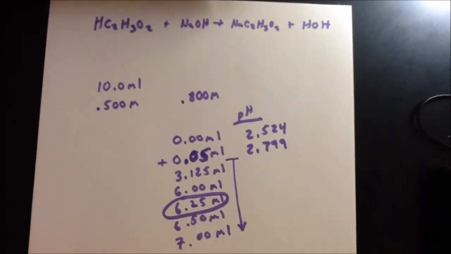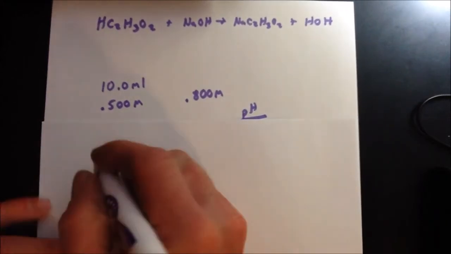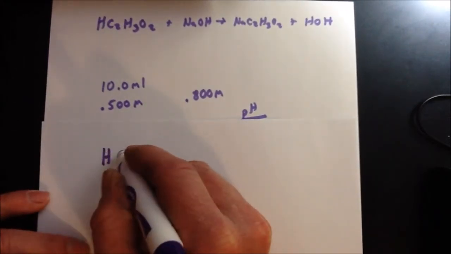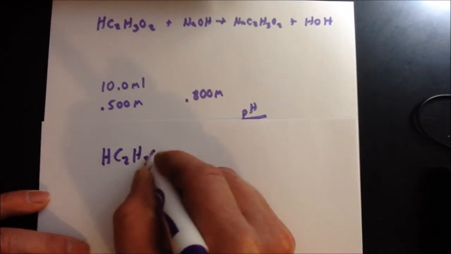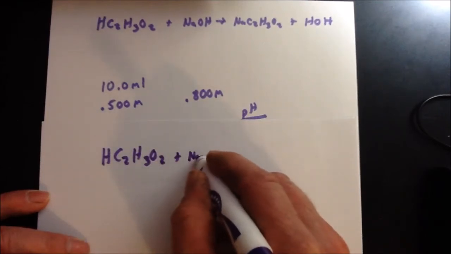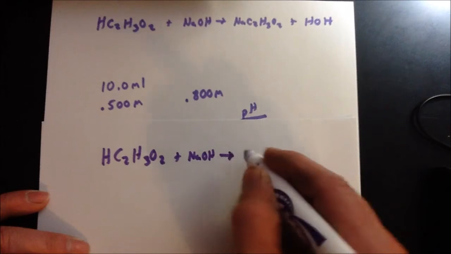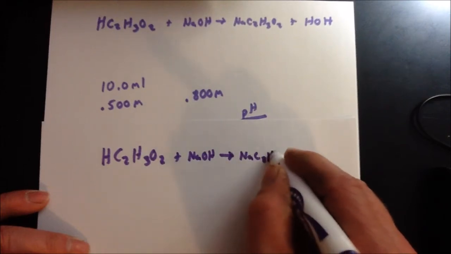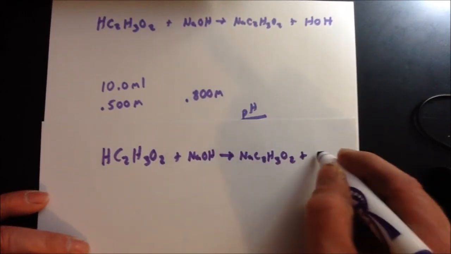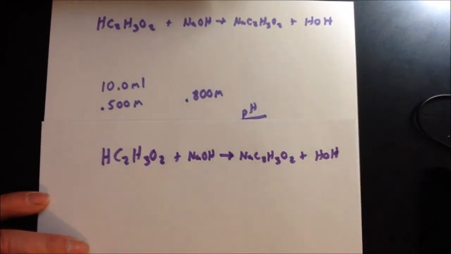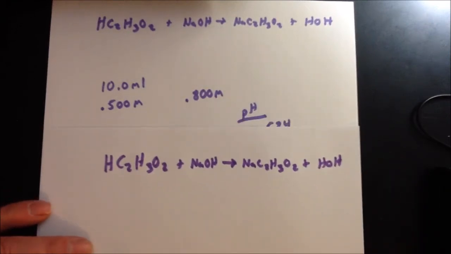Alright, so the next calculation we have here is 10 milliliters of 0.5 molar acetic acid, and we're going to add 3.125 milliliters of 0.8 molar sodium hydroxide. So again, I'm going to start with stoichiometry first. Acetic acid plus sodium hydroxide makes sodium acetate plus water, and I'm going to find my amounts of each.